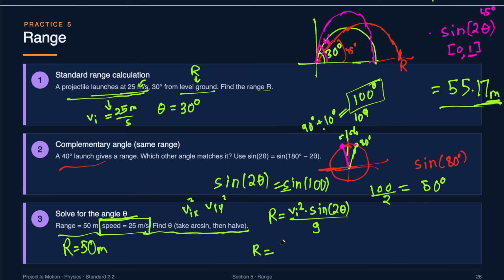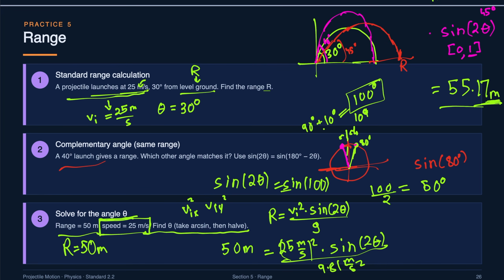So 25 meters per second squared times sine of 2 theta over 9.81 meters per second squared is equal to R, which is 50 meters.